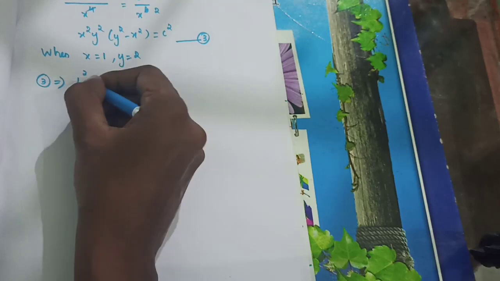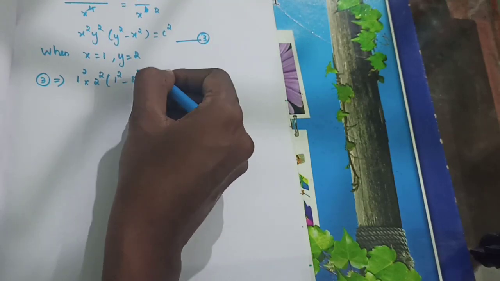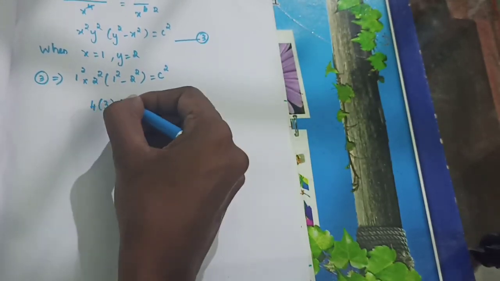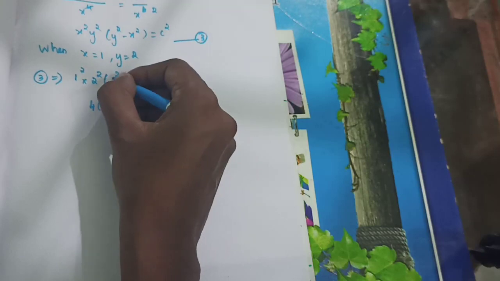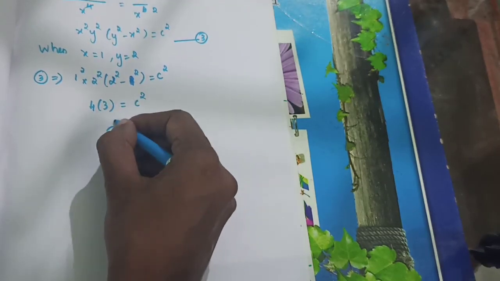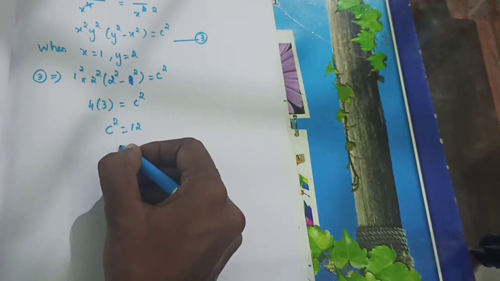So 1 square into 2 square into (2 square minus 1 square) is equal to c square. So 4 into 3, so c square is equal to 12.